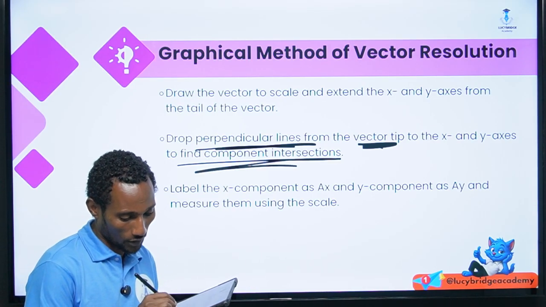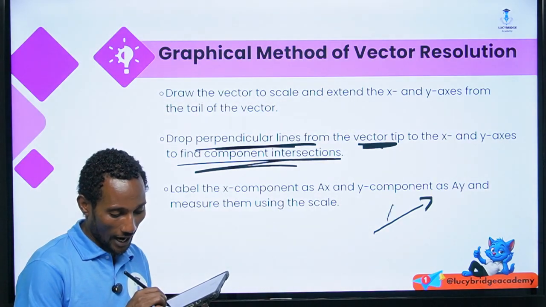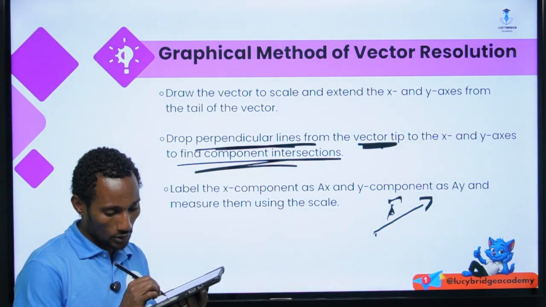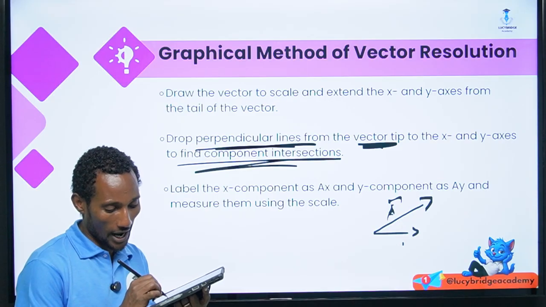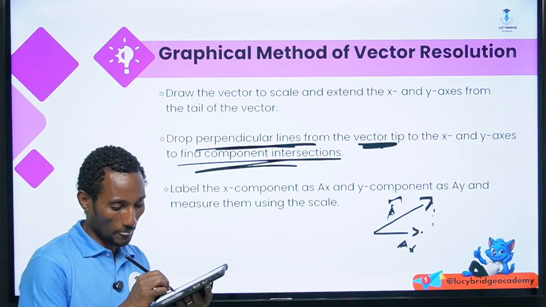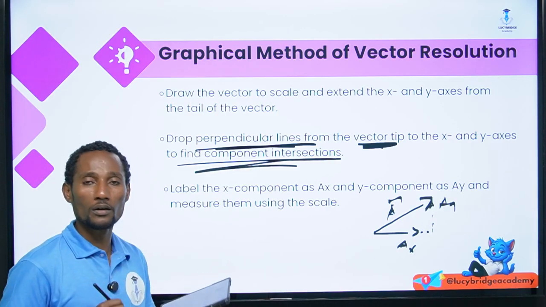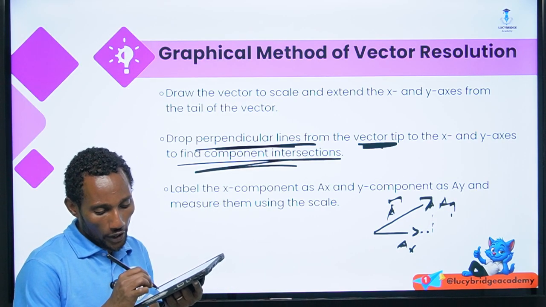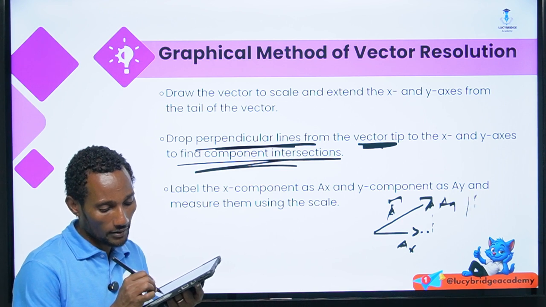That is what we call the resolved vector A, which we make AX here and AY here, which are joined head to tail.